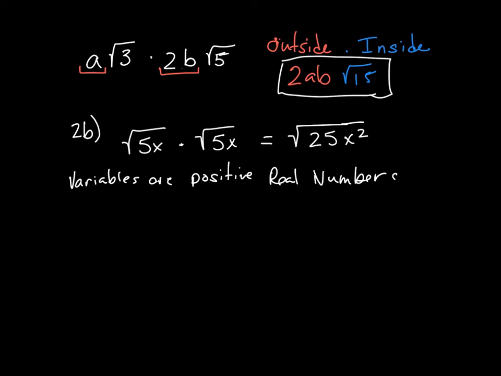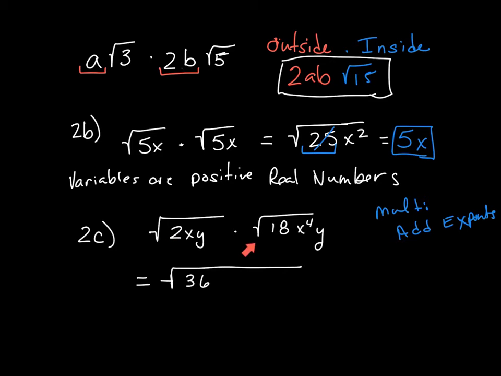And that's really lovely, because if I don't say that, then you have to worry about the absolute value, but we don't. So the square root of 25 just comes out and is equal to 5. And then the square root of x squared is just equal to x. So after you multiply, you will have to simplify all of the radicals.